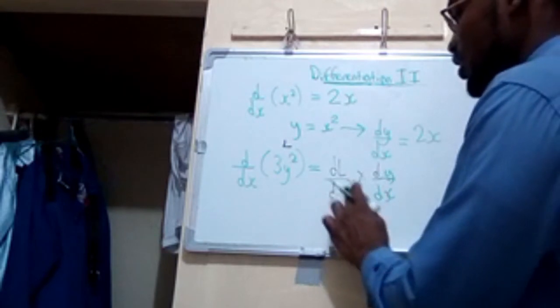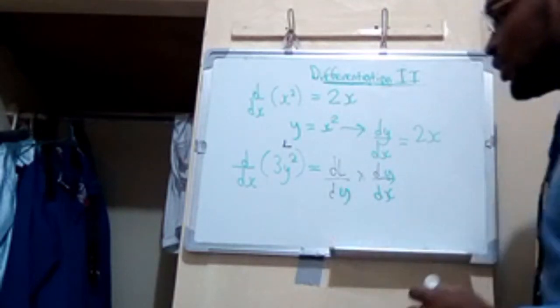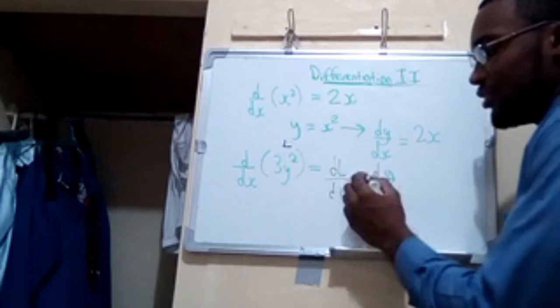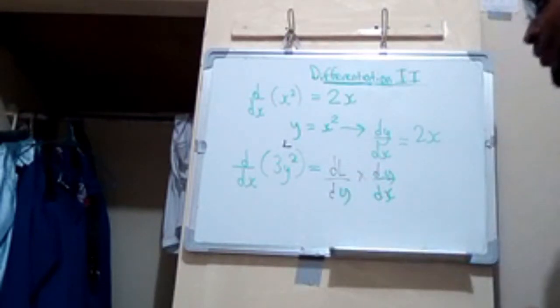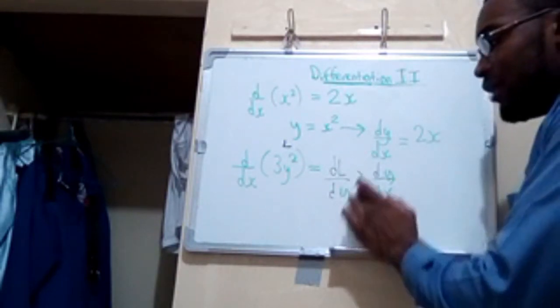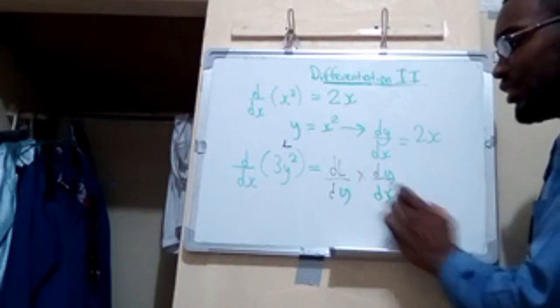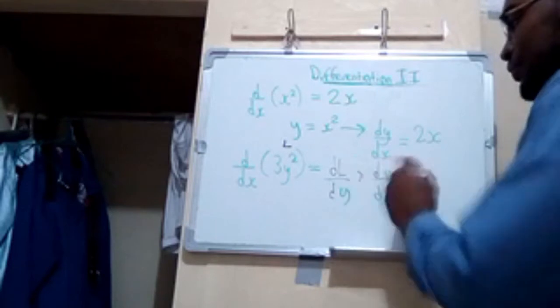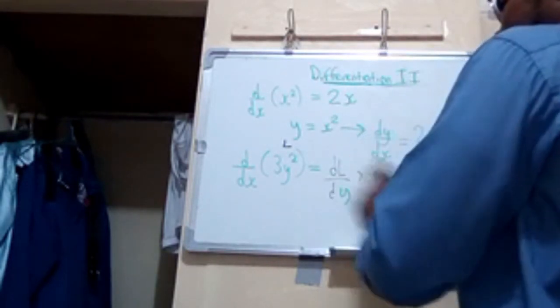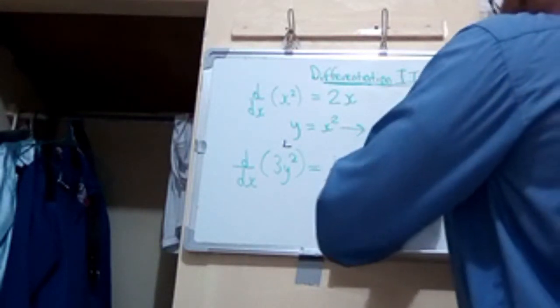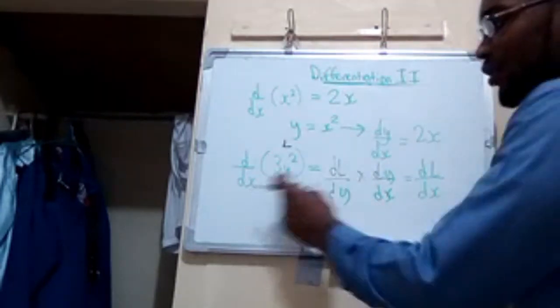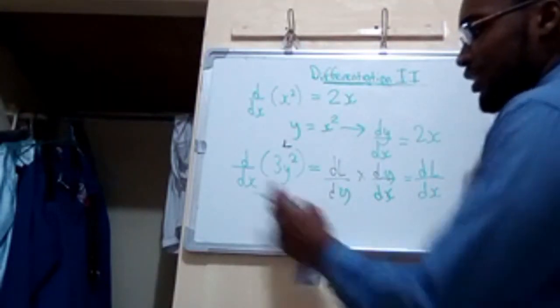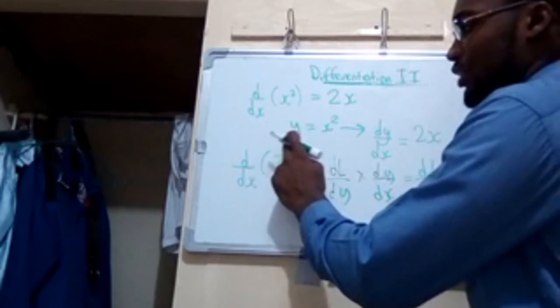Nice. So the chain rule now, look what it would pretty much say. This dy cancels this dy, right? And so dl by dy times dy dx, well, this dy cancels this dy and we'll still get back dl by dx.